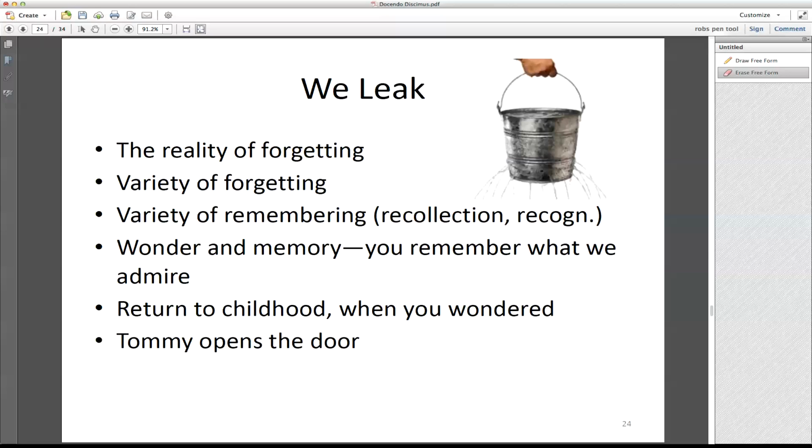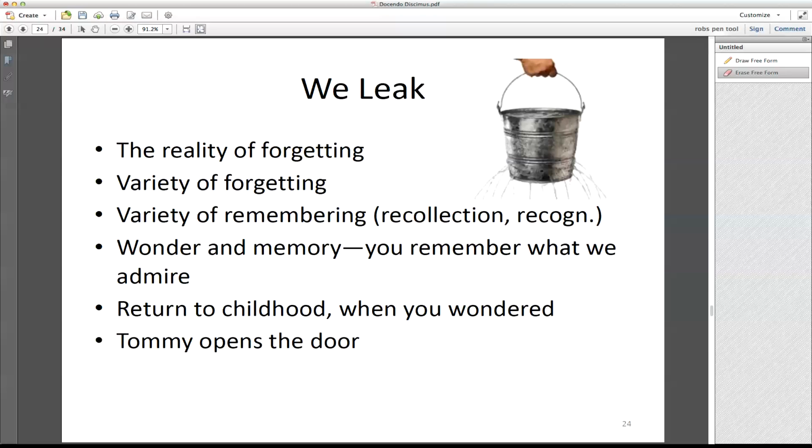So it's important that we help people or students to be at wonder. We need to return to our childhood in one sense and to continue to cultivate wonder. That will help with the leaking. Chesterton says that when the 8-year-old opens the door and finds a dragon, he's quite excited, but the 3-year-old Tommy is just excited that there's a door that can be opened.